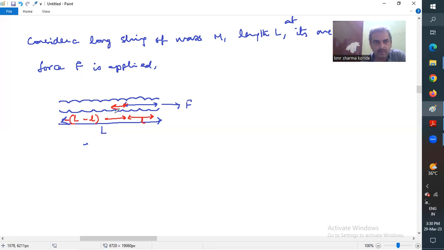For the length capital L minus small l, tension only favors the motion.